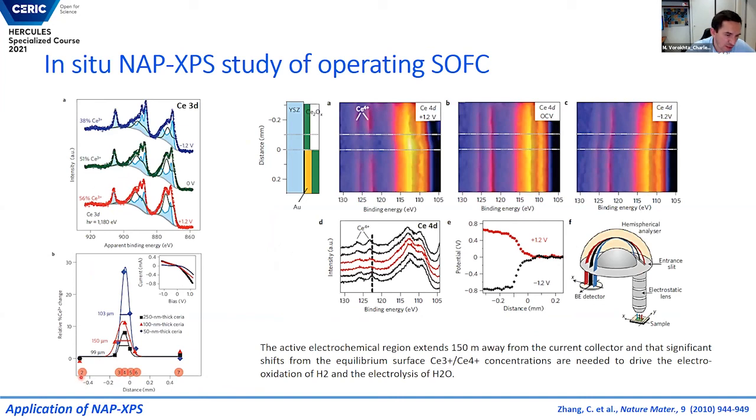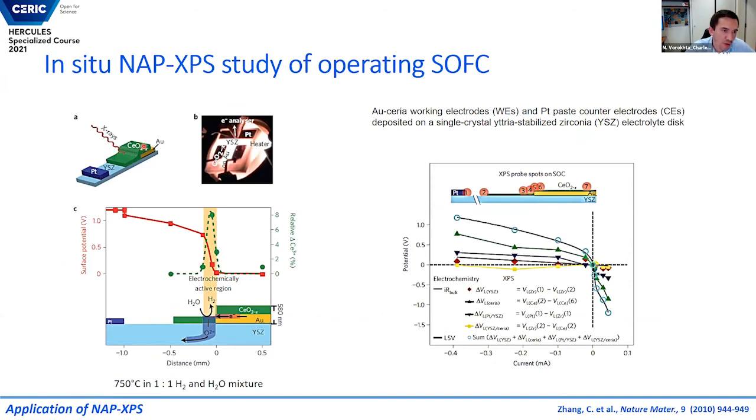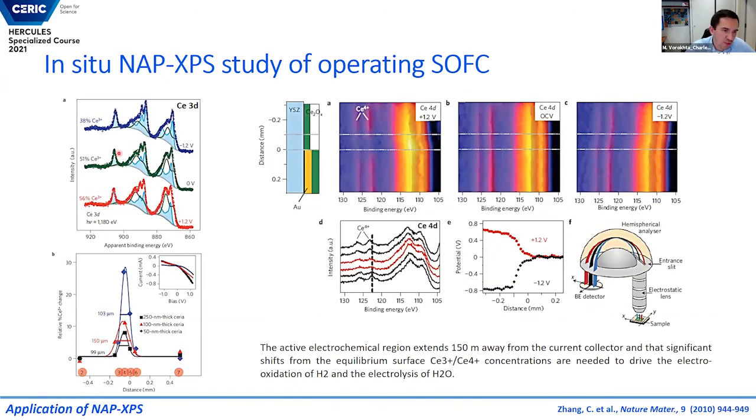Here there are several points at which this sample was measured, close to this cerium electrode. You see that, depending on the potential on such devices, you can have different reduction of the ceria.